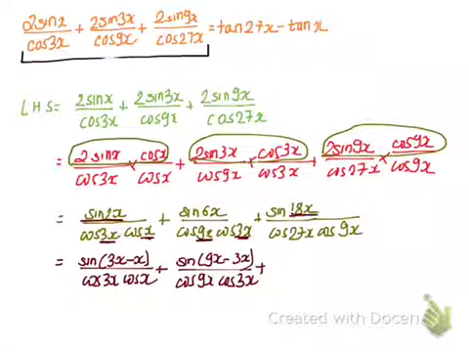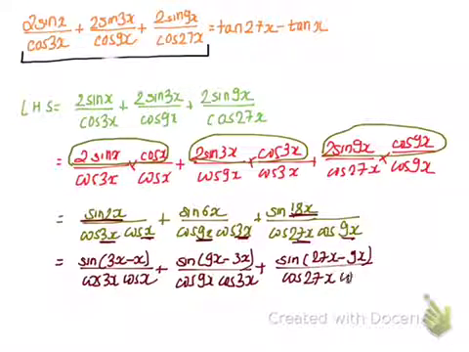And once again, sine 18x can be represented in terms of 27x and 9x, which is sine 27x minus 9x divided by cos 27x dot cos 9x.